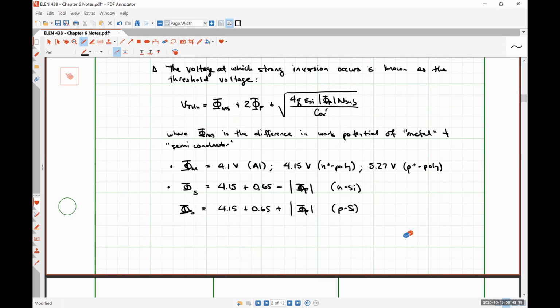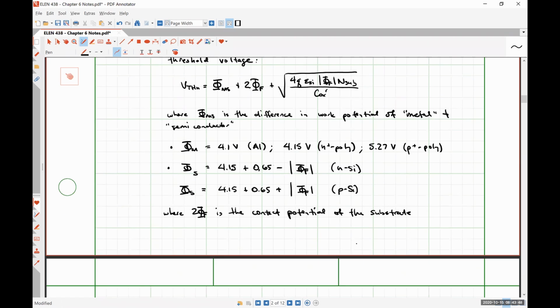Then we have our definition for our contact potential. And this is really just saying that it's the built-in potential for the one-sided junction.